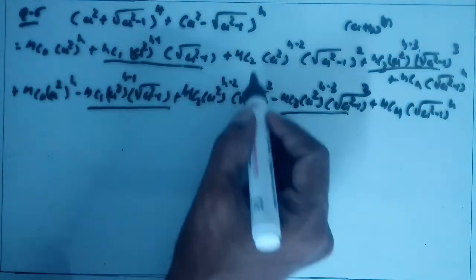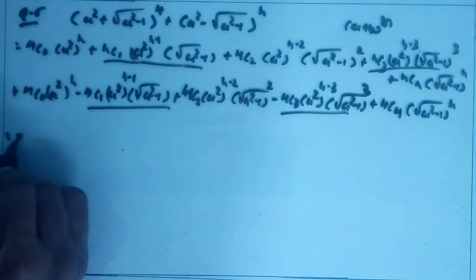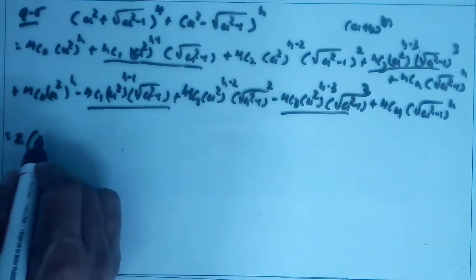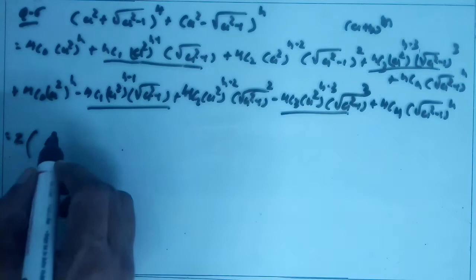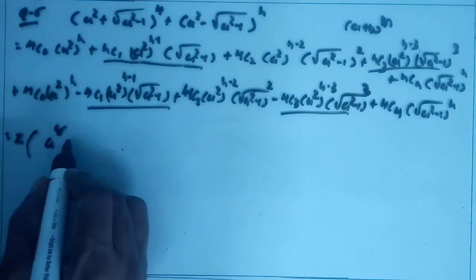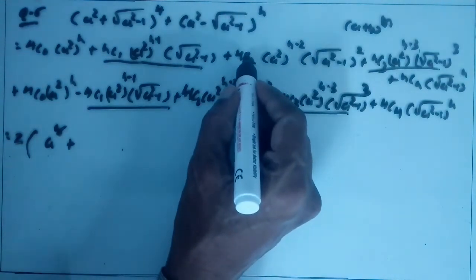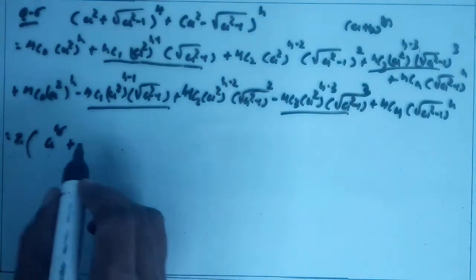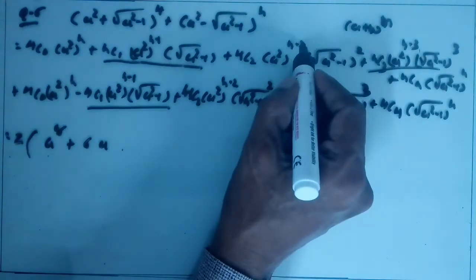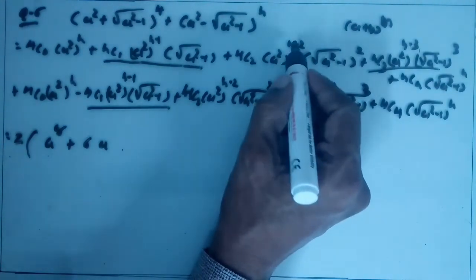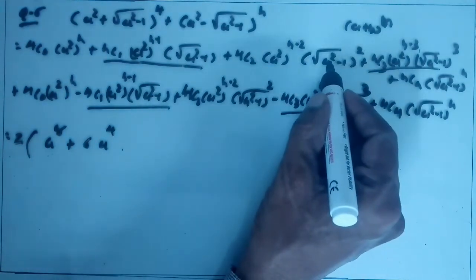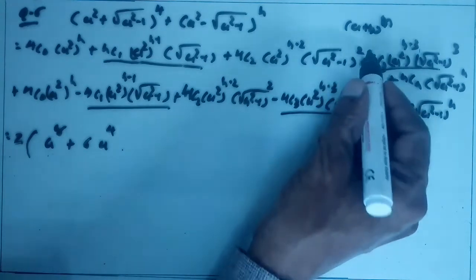Now the remaining terms become 2 times, and parallel to this we simplify. 4C0 is equal to 1, into (x²)⁴, that is x⁸. Next term, 4C2 is equal to 4 into 3 upon 2 into 1, that becomes 6, into (x²)⁴⁻², that becomes 2, that is (x²)². So x⁴ into (√(x² − 1))².